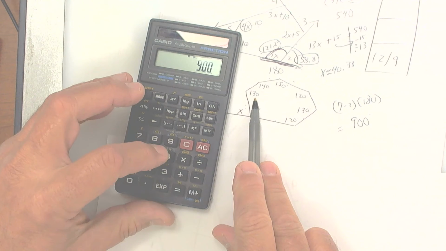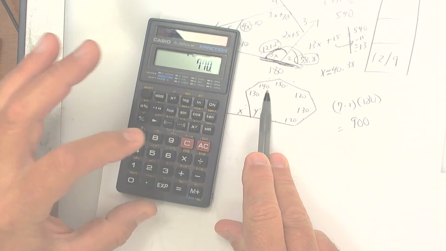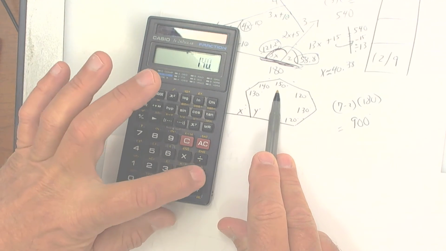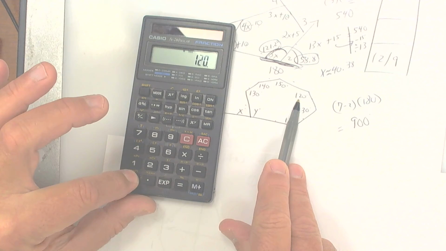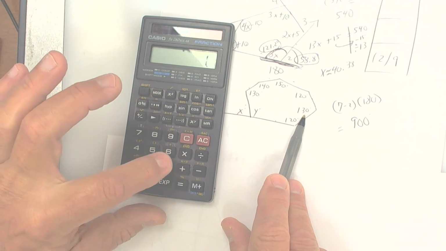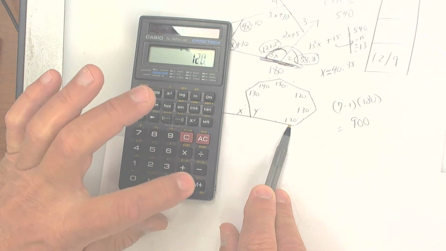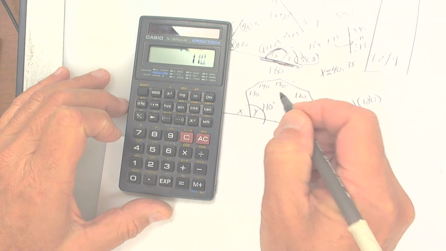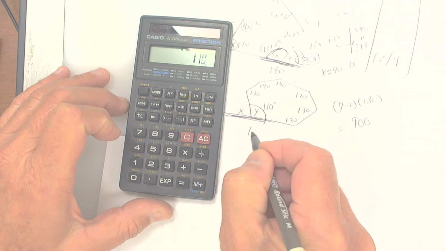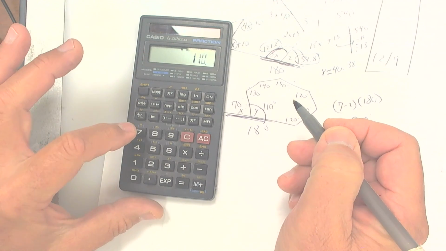So you're going to say minus 130 minus 140 minus 150 minus 120 minus 130 minus 120, press equals. This one is 110 degrees. Now this line again is worth 180, so you're going to do minus 180 and you're going to get 70 degrees.